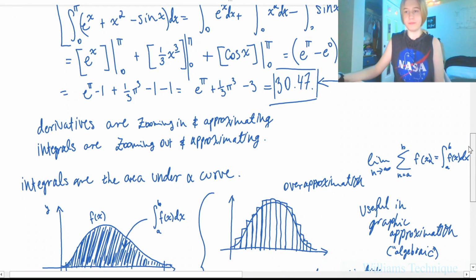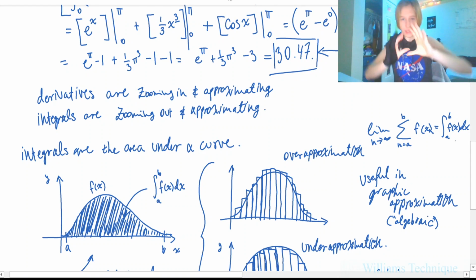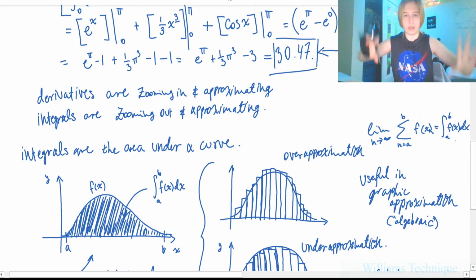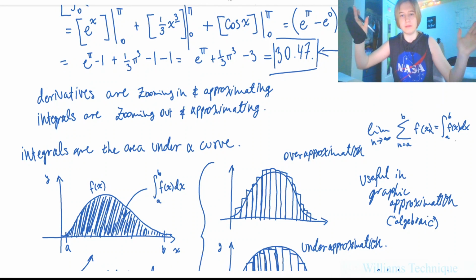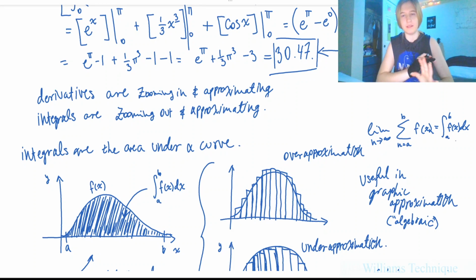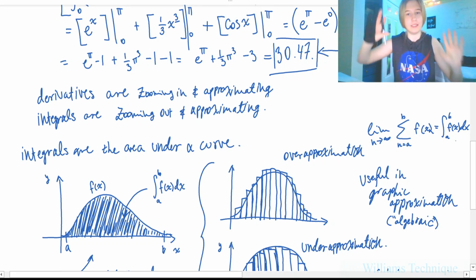Alright, so as we know, derivatives are essentially zooming in very far into, let's say, a curve, and approximating that point as a line. It's essentially taking the linear approximation of something across points.